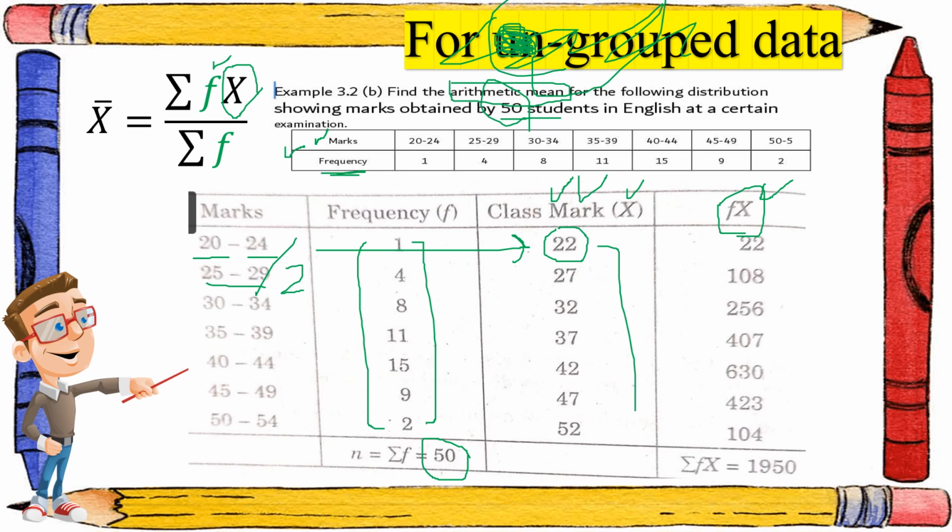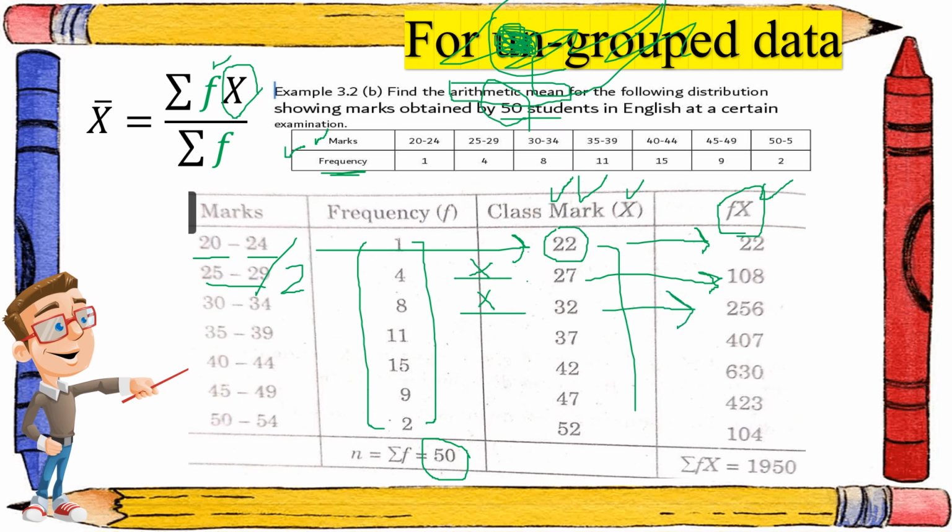See, 22 into 1 we get 22, like 22 ones are 22. Then 27 fours, we have to multiply these two values, so we will get 108. So we have to multiply these two, f and x. And we will get 256.